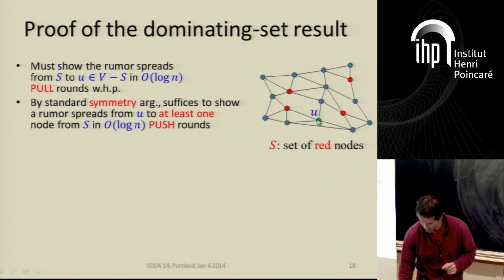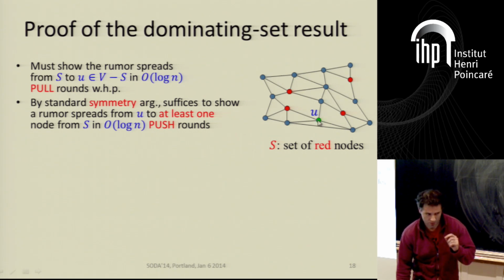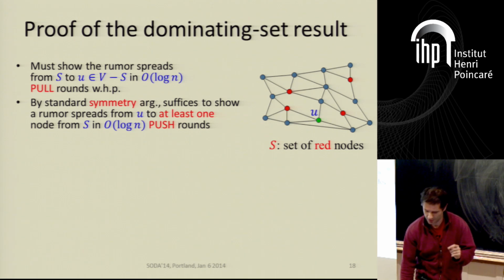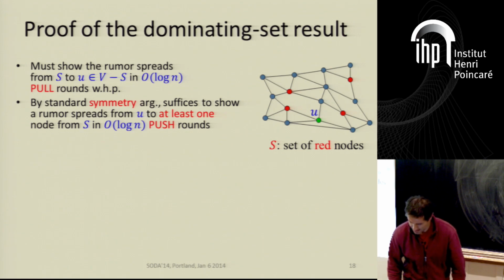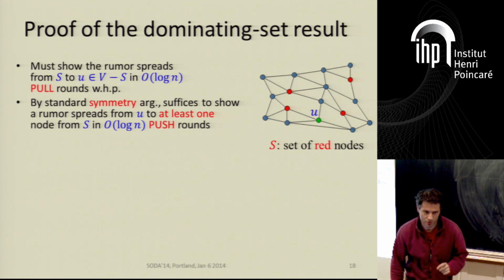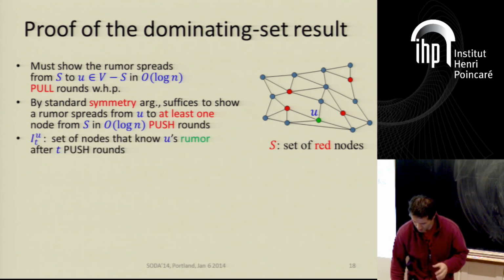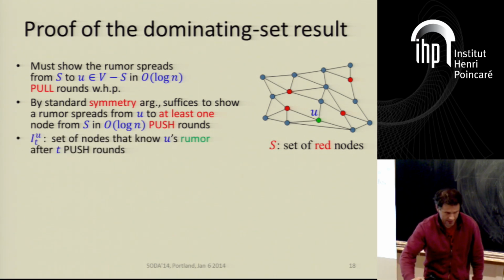So now we assume that the rumor starts from here, I use the push protocol instead of pull, and my goal is to reach one of these red nodes. And I will show that this happens in a logarithmic number of rounds with high probability. So it's very short, don't worry.